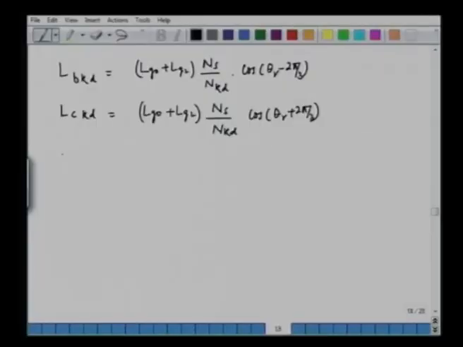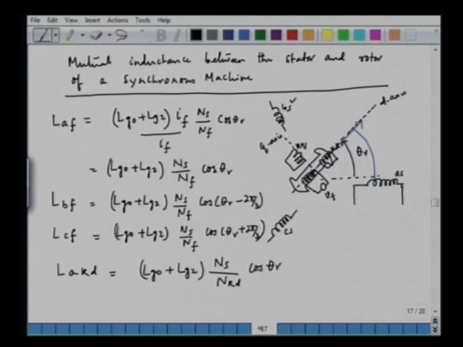And similarly, we can evaluate the mutual inductance between the stator winding and the q axis damper, and that is LAKQ. So, we will see what this inductance is. We are finding out the inductance between A and KQ.